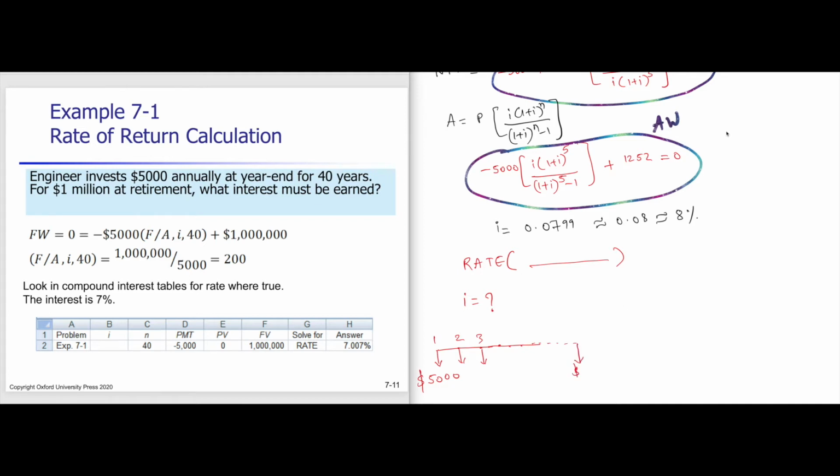So he pays $5,000 every year for a 40-year career. At the end of 40, he is getting $1 million.